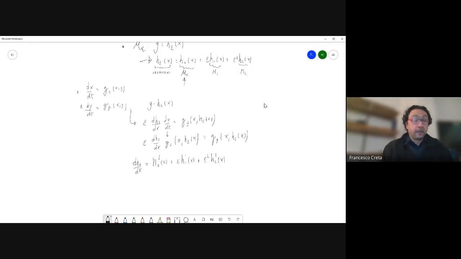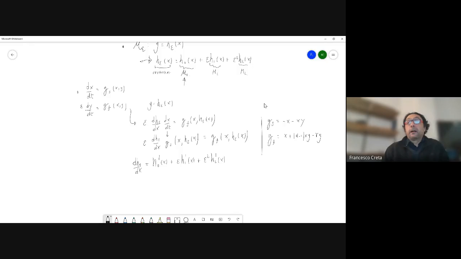We know the form of the right-hand sides. If you remember, for the chain branching system, g of s was minus x minus xy, and g of f was x plus alpha minus 1, x, epsilon, xy, sorry, minus gamma y.